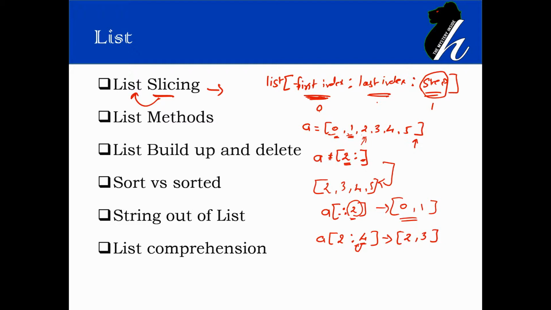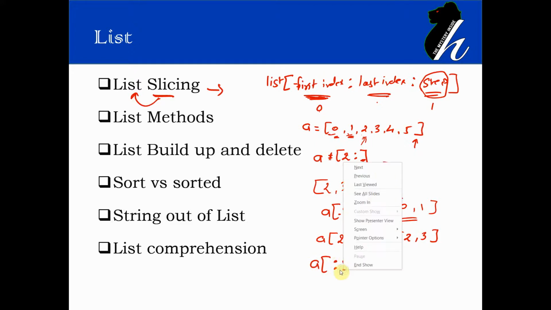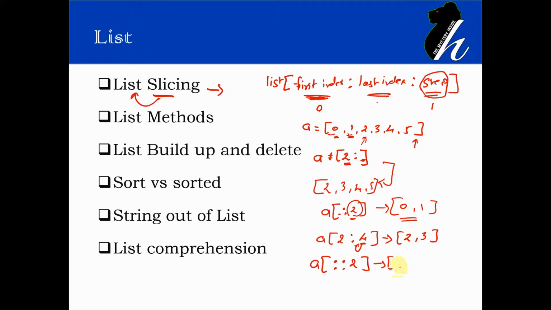By default step is 1. If we are doing something like A of colon colon 2, where I am omitting the first index and the last index, and simply using a step value, let's say 2, the answer would be 0, it will skip the next element, then 2, it will skip the next element, 4, this way. So this is how list slicing is working.